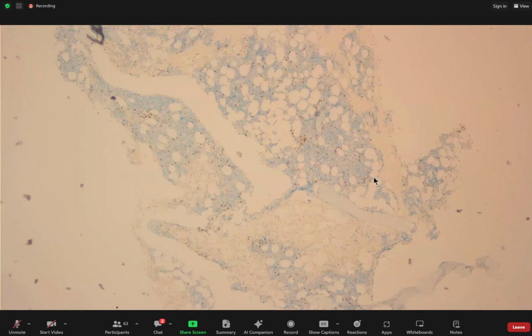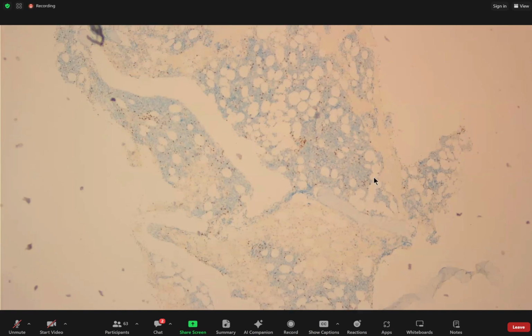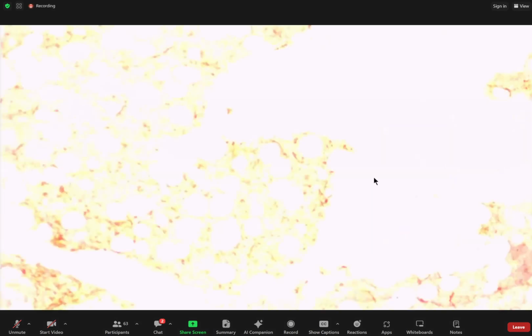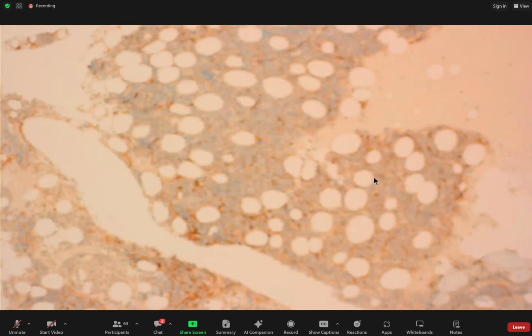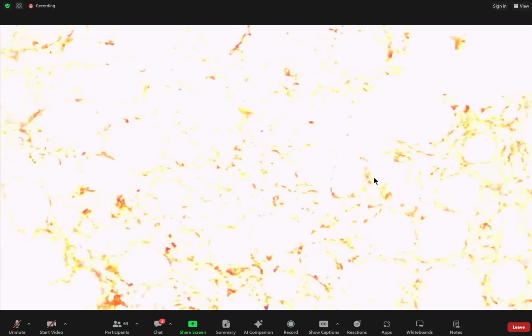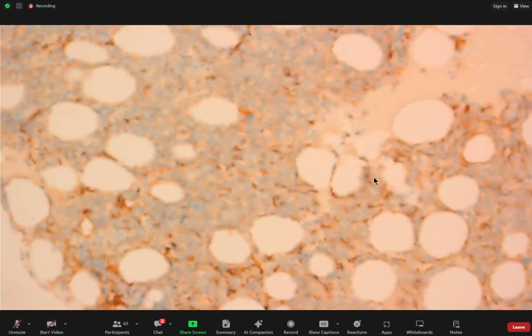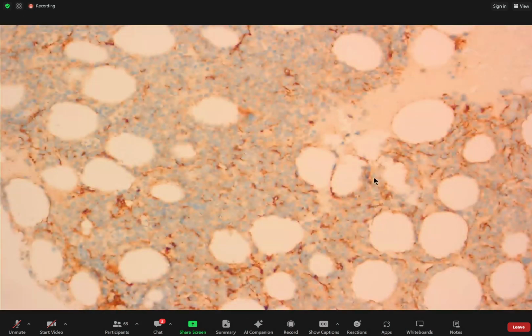This is CD5, which follows the T cell pattern, and this is CD10. So CD10 is also negative.